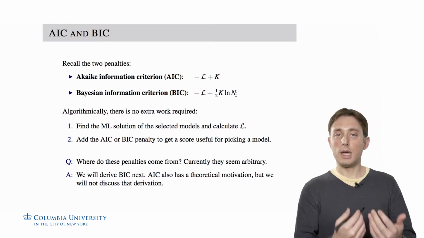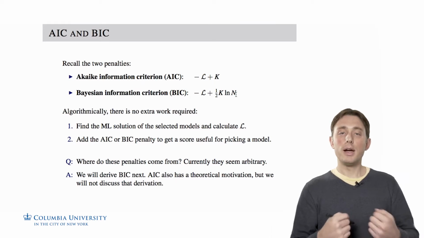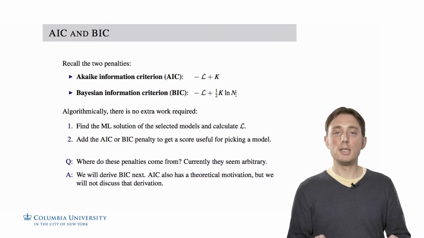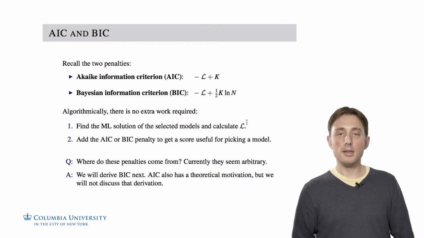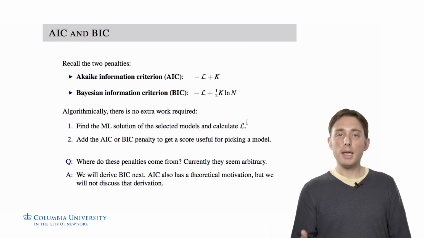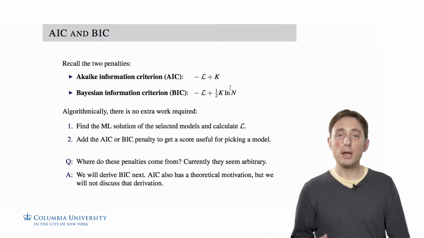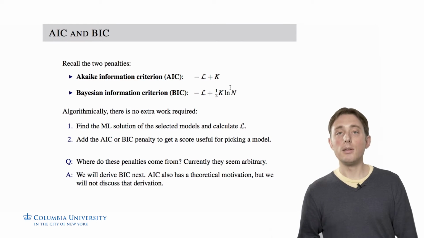So we run our Gaussian mixture model or HMM, etc., for different model orders, for different model complexities, find the best model in each complexity class, and then find the log likelihood or the negative log likelihood for each of those solutions. And then we simply add to that result either the AIC or the BIC penalty, which we can calculate in advance.